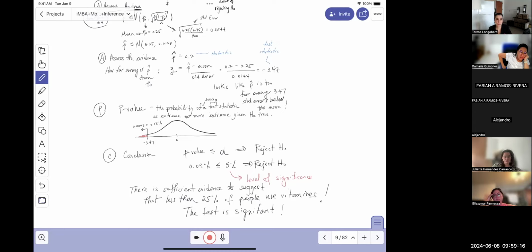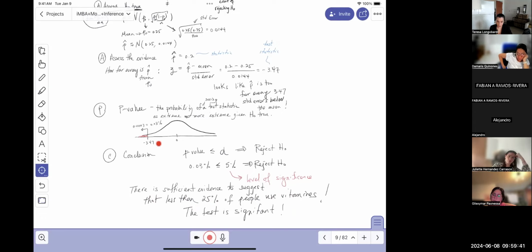They want to see, did we find something new? Have we broken away from what we've seen in the past? Yes, significant. We found something new. Less than 25% of people use vitamins. The test is significant. So this is the type of wording I want to see. You can put it in Spanish, the Spanish equivalent of that. That's fine with me.